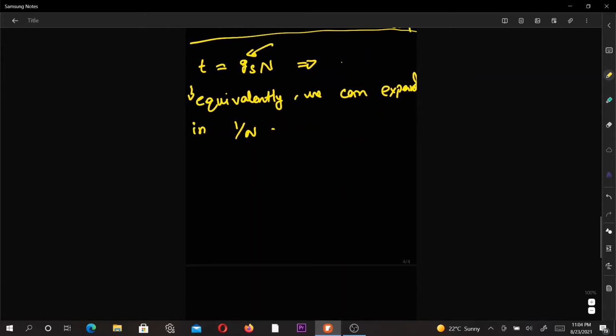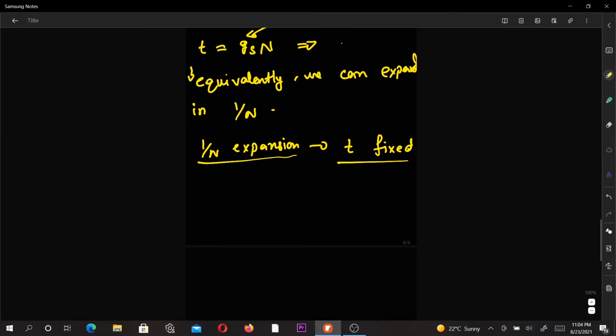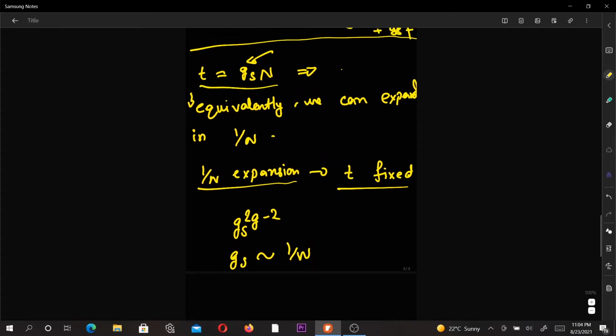So in the 1 over N expansion, again, we can keep t fixed, and since g_s went as 2g minus 2, and g_s is 1 over N, the N expansion would go as 2 minus 2g.